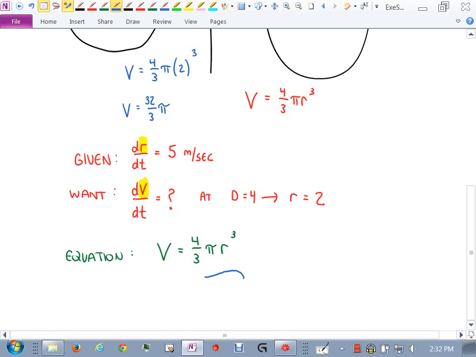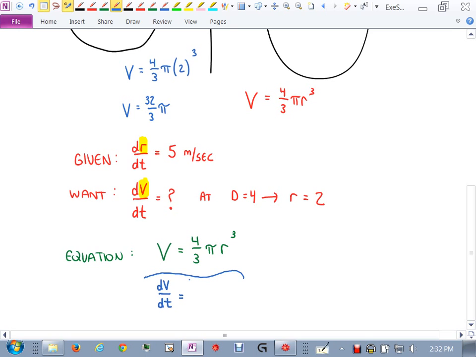Now I come in, take derivative. What derivative are we doing? Like with respect to what? Time, right? So this left one will be dV/dt is equal to, now the 4/3 pi is a constant. So I'm just going to, no, be careful, it's attached to a function, right?